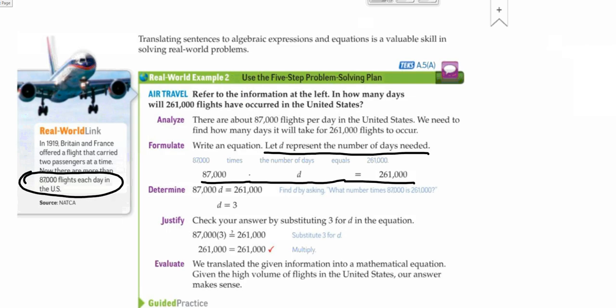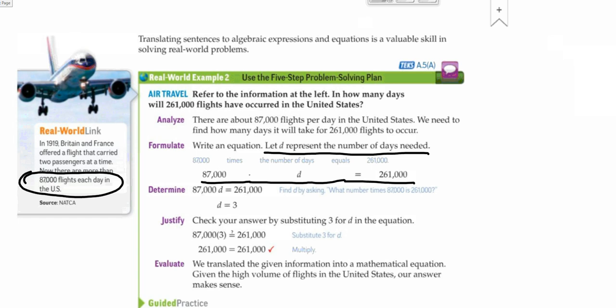So here it puts it all together. 87,000 D equals 261,000, and it does say how many days will that occur. Well, to solve that, they're saying determine what number times 87,000 is going to give you 261,000. So the answer provided there, D equals 3.